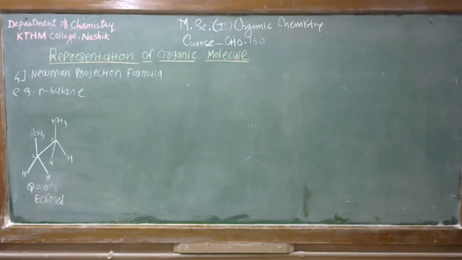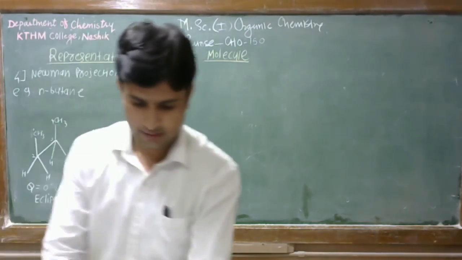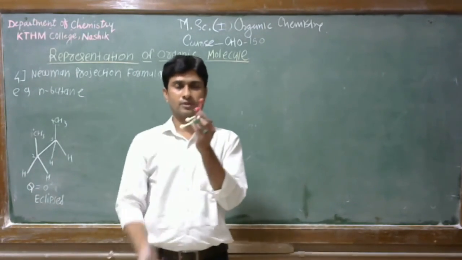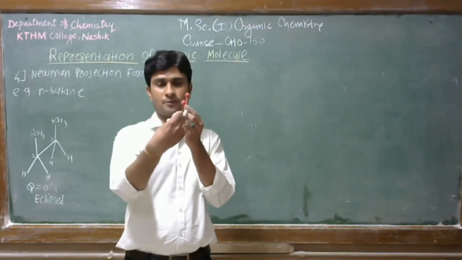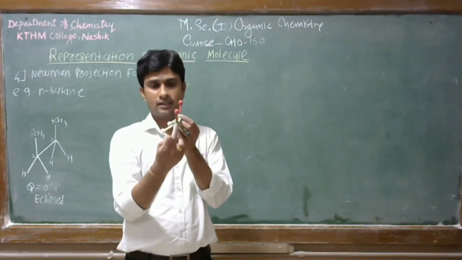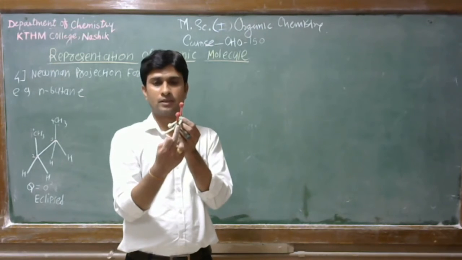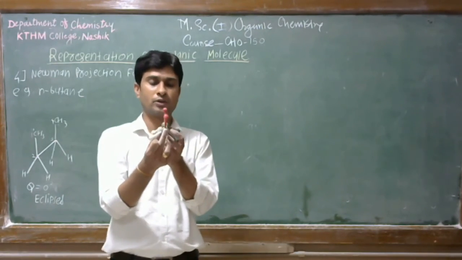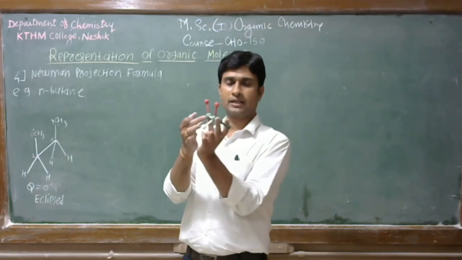See here, this is the Sawhorse projection formula of n-butane. If we see the model here, the viewer is from here. This is the front carbon atom that appears to the viewer or observer, and this is the rear carbon atom.